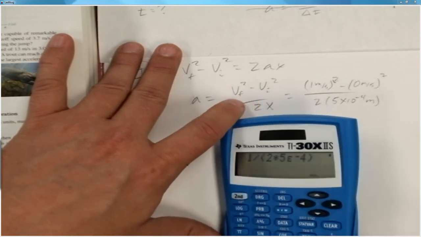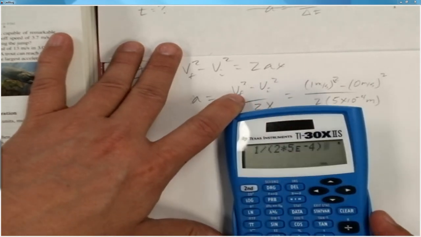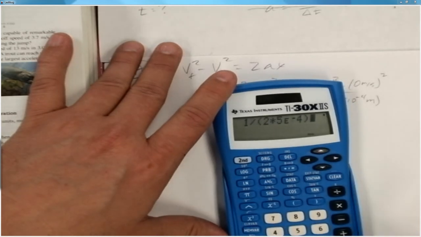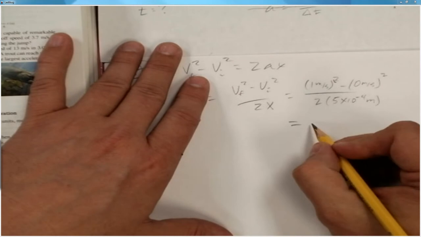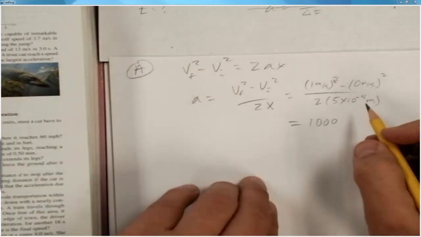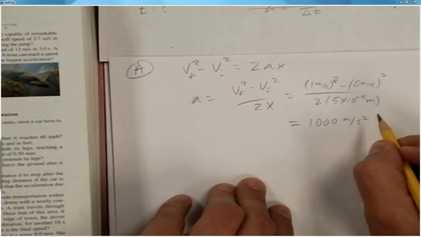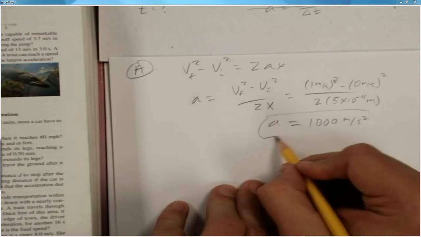It should look like this on your calculator. That little tiny e means times 10 to the. So then you get 1,000 meters per second squared. That is the answer to part A.